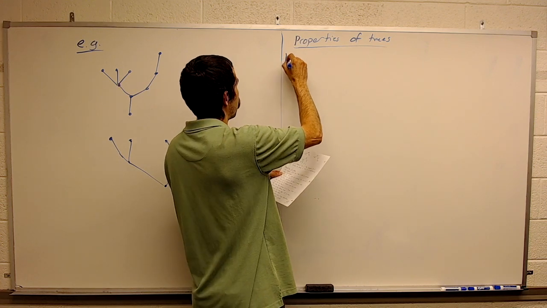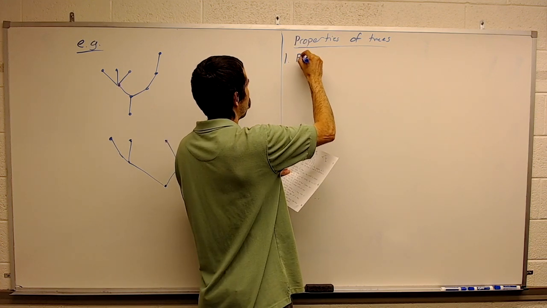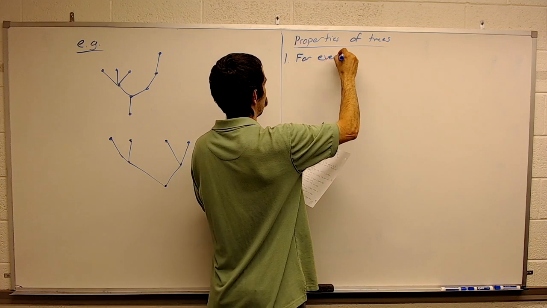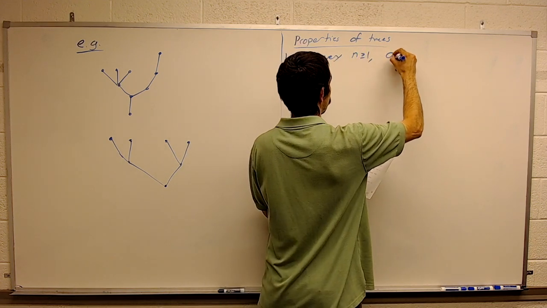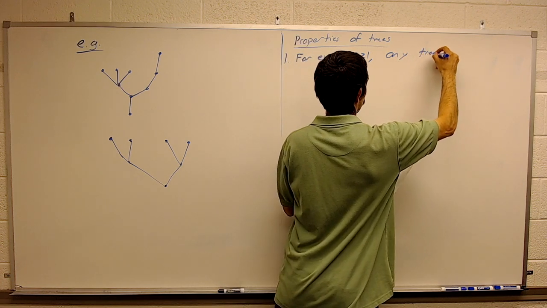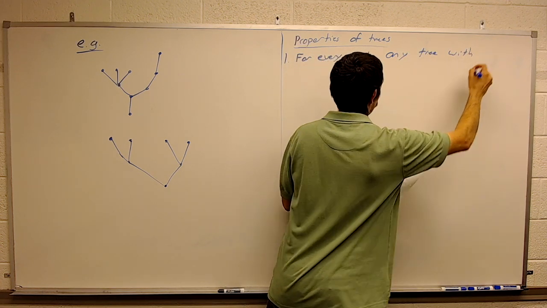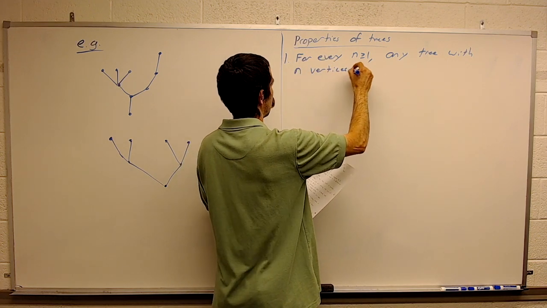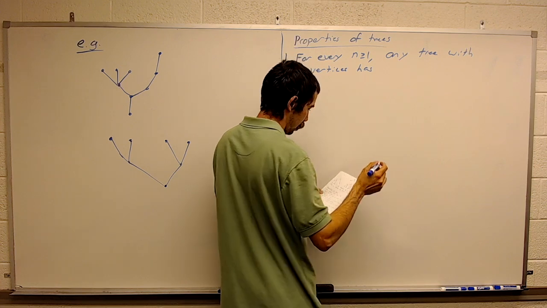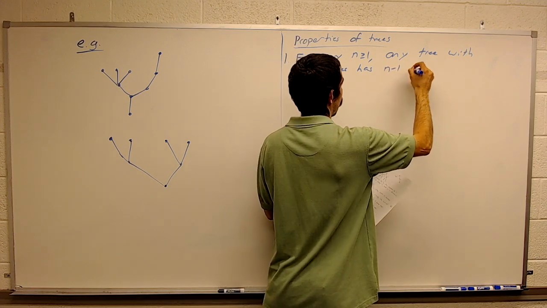First property. For every n greater than 1, any tree with n vertices has n minus 1 edges.